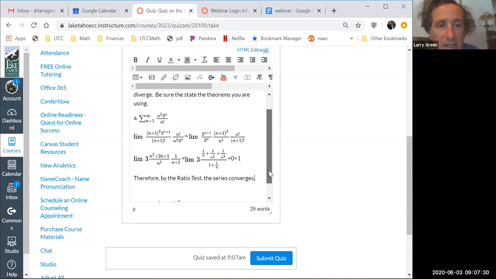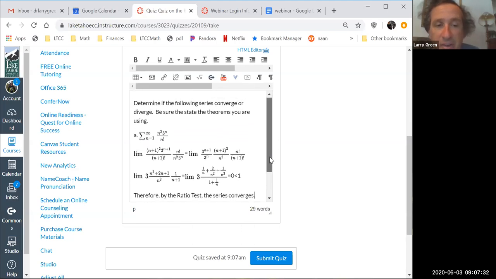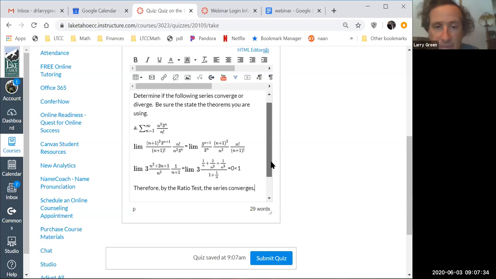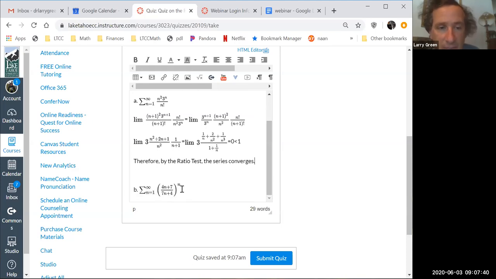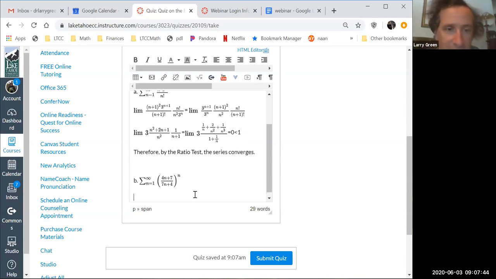Any questions at all about the first series test? Okay, let's do the second one then. The second one, we have a summation of 4n plus 7 over 7n plus 4, all to the n. You could look at all the different tests. This is not a geometric series.